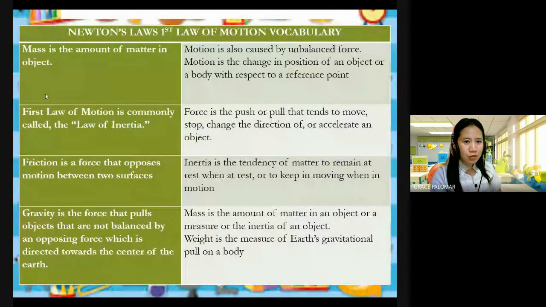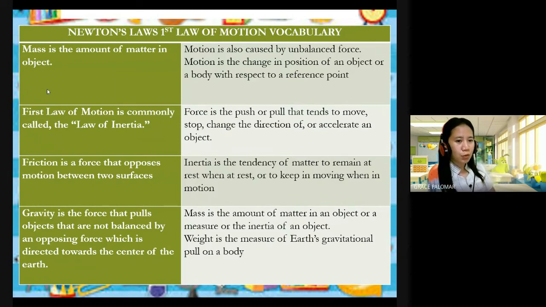Okay, and to give a summary of all the things that we have discussed during Newton's first law of motion, I will have the following vocabulary for us to be able to understand and not forget the things that we have discussed. So mass is the amount of matter in an object.